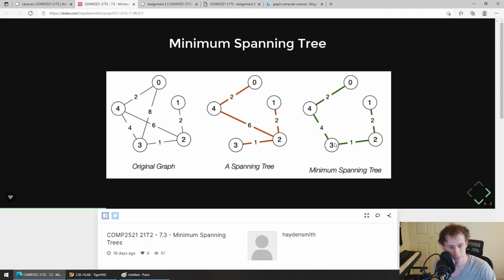Basically, there is no spanning tree that has a lower sum of edge weights. That's the gist of that. So spanning trees are really easy to find. In fact, you could find a spanning tree with a very fast, very quick algorithm, because you just have to connect vertices together.